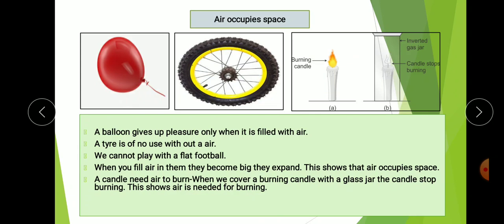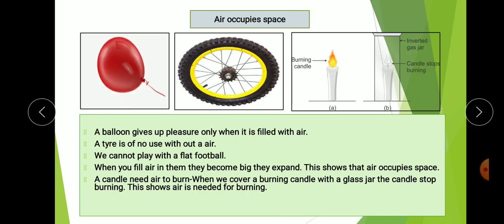A balloon gives pleasure only when it is filled with air. A tire is of no use without air. We cannot play with a flat football. When you fill air in them, they become big and expand in size. This shows that air occupies space.